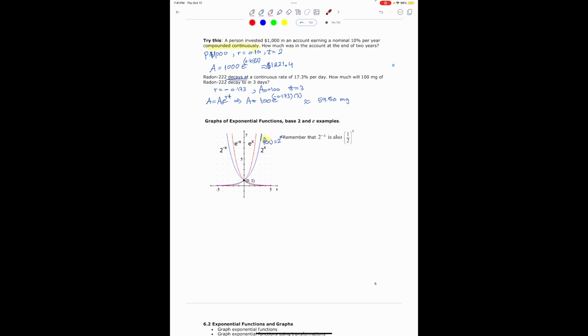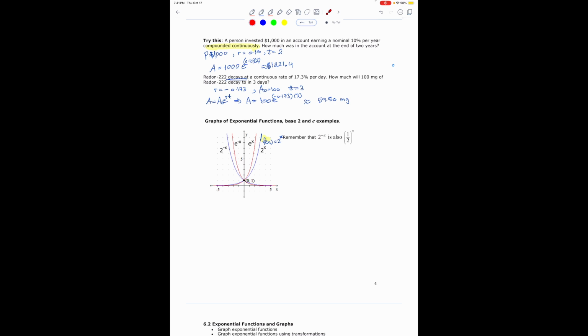If you take the negative power, it is basically 1 over 2 raised to the x power. So it's going to flip over the y-axis, and it's going to become a decay formula.